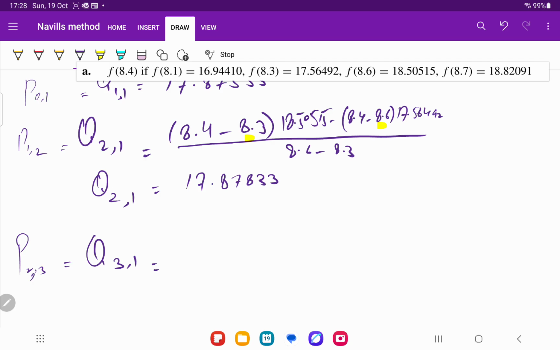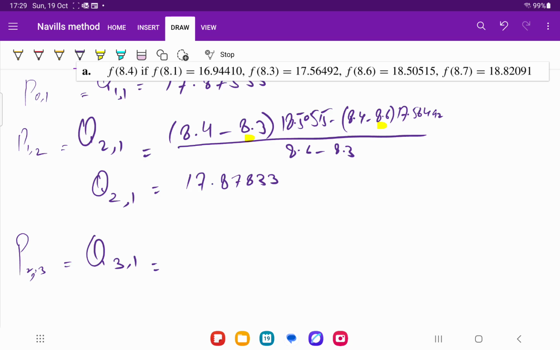Okay, should we move on? The answer of Q21 is wrong. Q21 is wrong? Yeah, Q21 is wrong. Wrong means? Check the calculation.